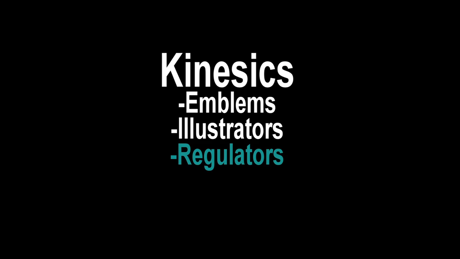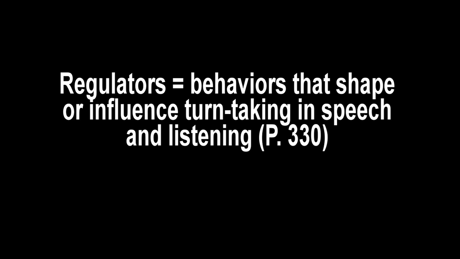So the next part is about regulators. Regulators are a type of kinesic behavior, a movement that is used to initiate turn-taking in a conversation. It's what people use in everyday conversations to switch off, to tell the person to move faster, to reiterate, to stop speaking, or to switch places in talking.